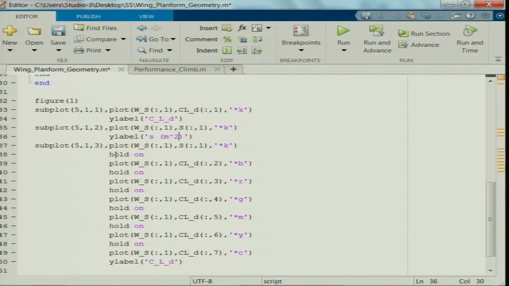Done. So, the third one will show how the span B is varying. So, B is varying with aspect ratio, B in meters.